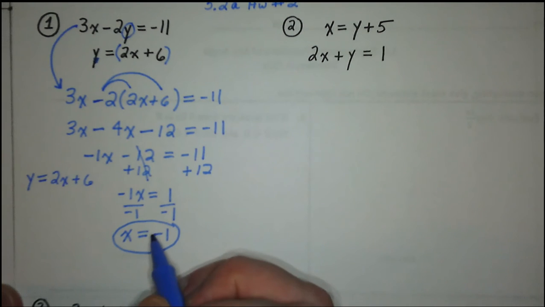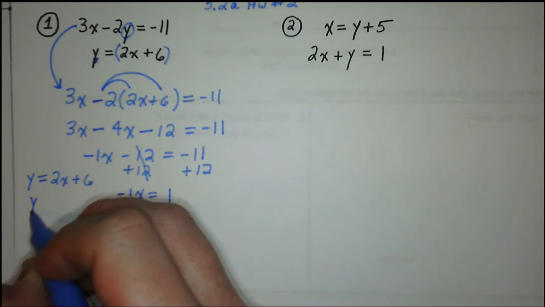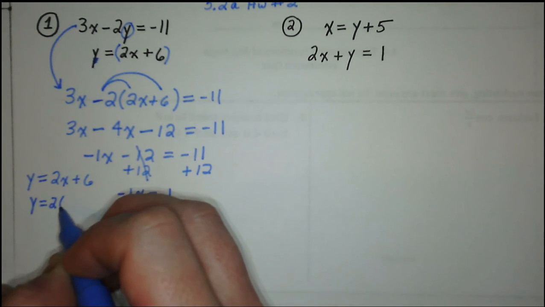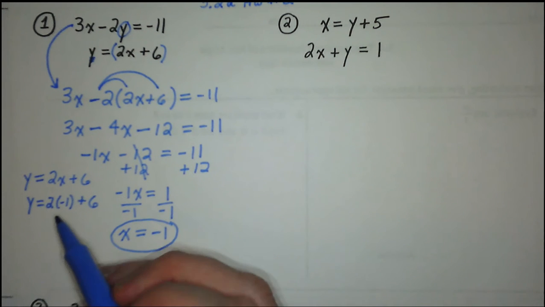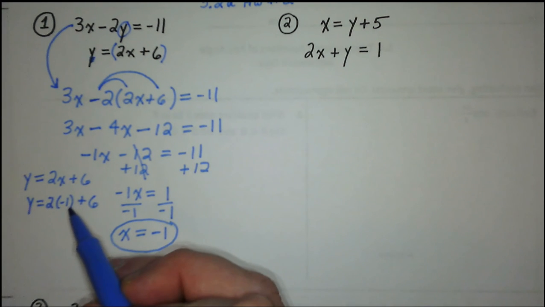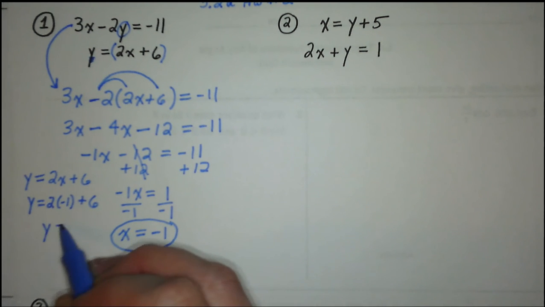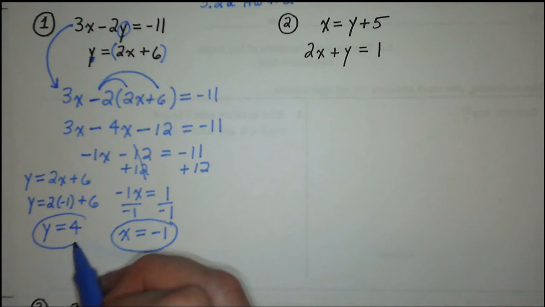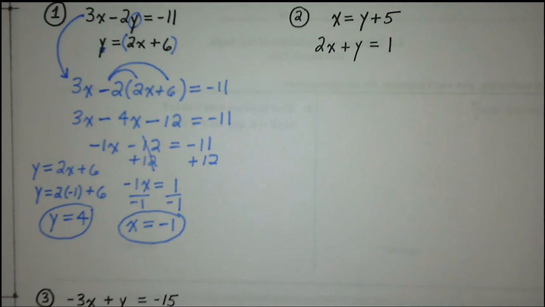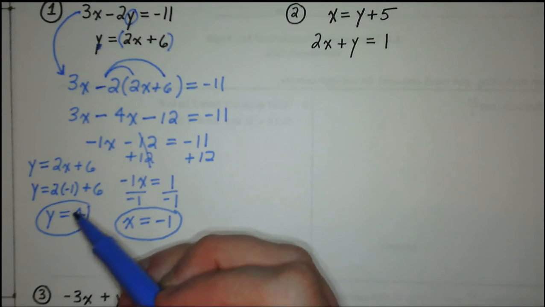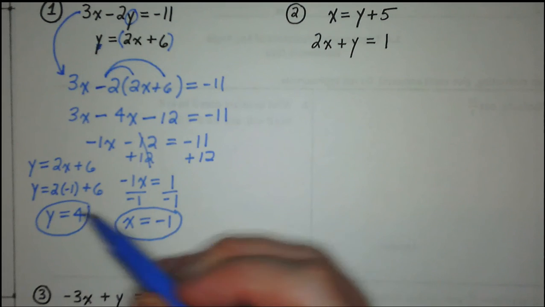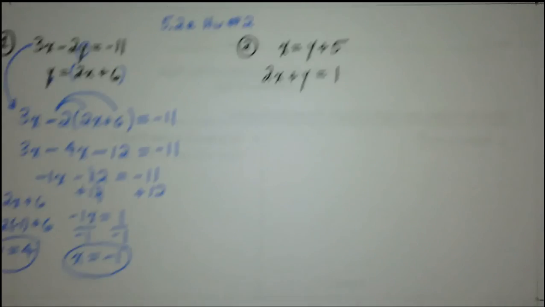Now that I know x is negative 1, y equals 2 times negative 1, which is negative 2, plus 6 is positive 4. So my final full answer is negative 1, comma 4, because remember, you have to solve for x and for y.